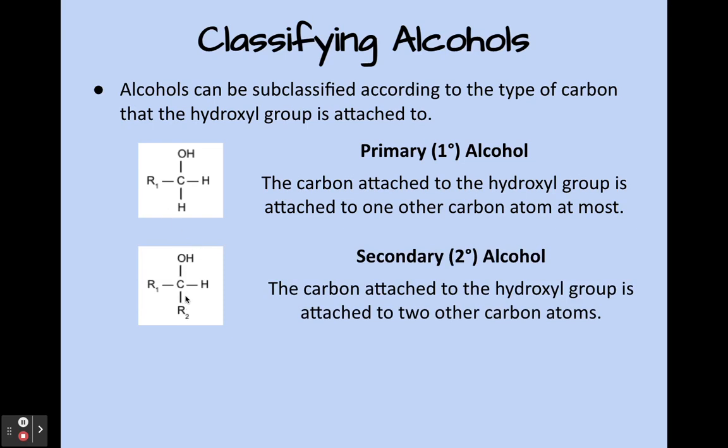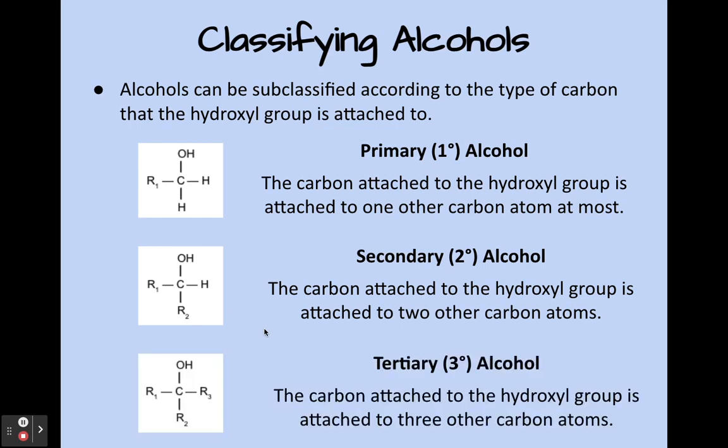When the carbon that's attached to the hydroxyl group is attached to two other carbon atoms or to two other hydrocarbon chains and only one hydrogen, we get what's called a secondary alcohol. And when the carbon that is attached to the hydroxyl is attached to three other carbon atoms or three hydrocarbon chains, we get what's called a tertiary alcohol.